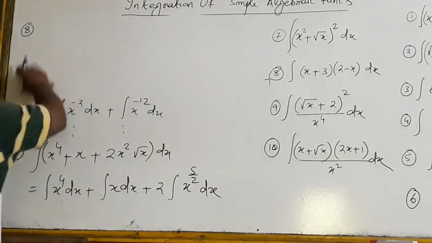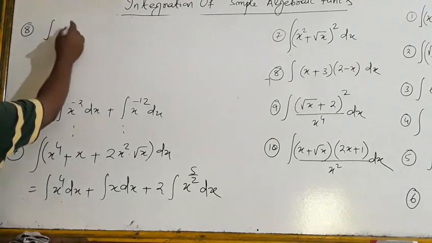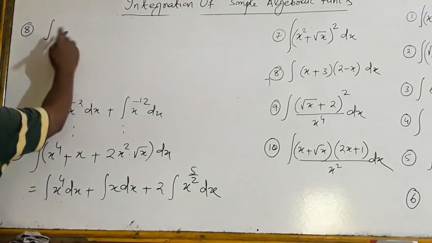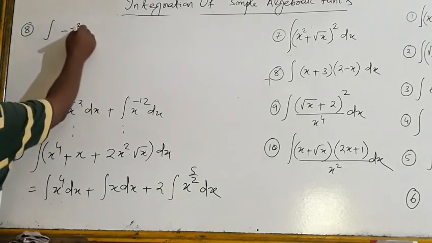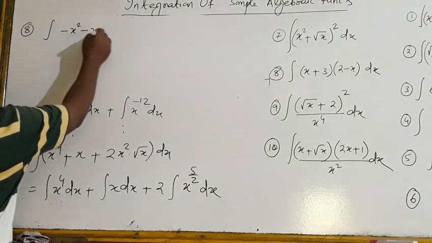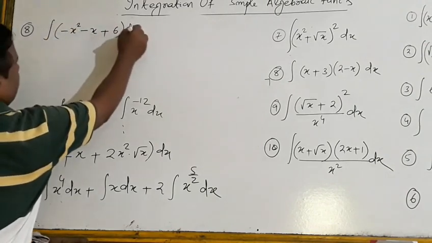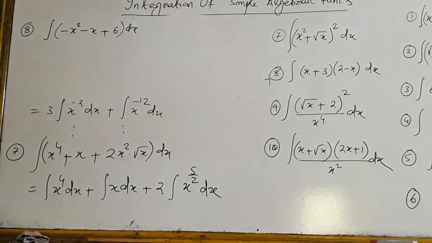You have to do what? Just multiply. It becomes minus x². When you multiply, you will get minus x² plus minus 3x plus 2x minus x and plus 6. It becomes x minus x² and it becomes minus x, then plus 6.